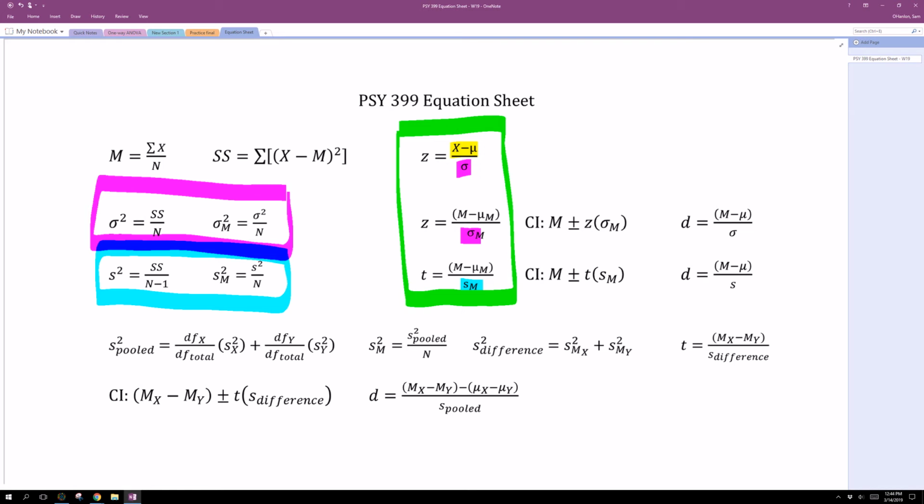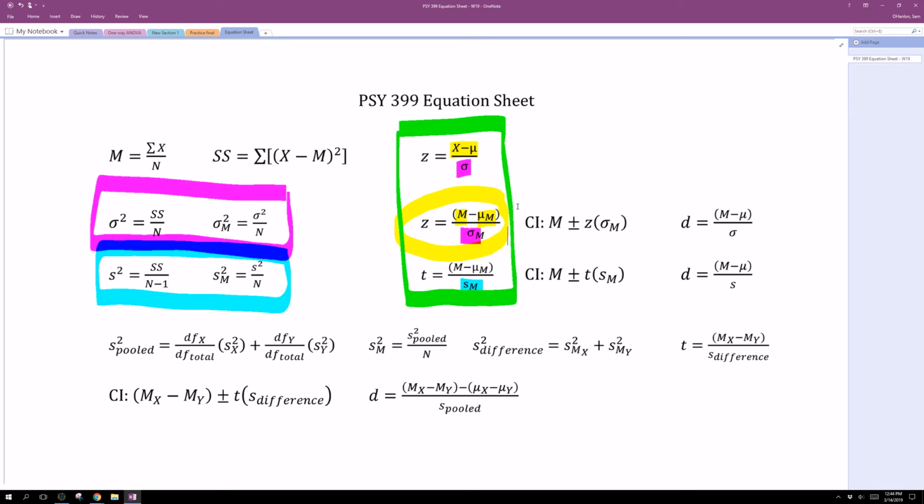Now this next z equation, this one here, we are comparing a mean to the mean of the distribution of means. Okay, so in this first one, we're working with scores. In this second one, we're working with means.